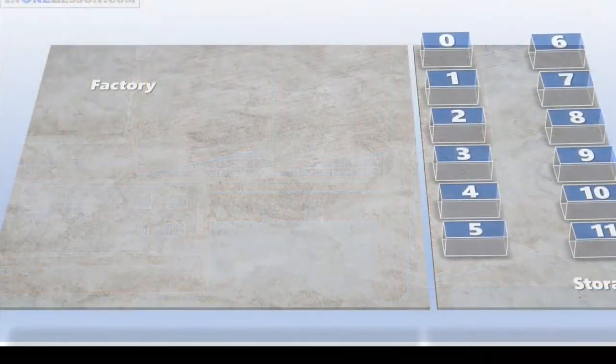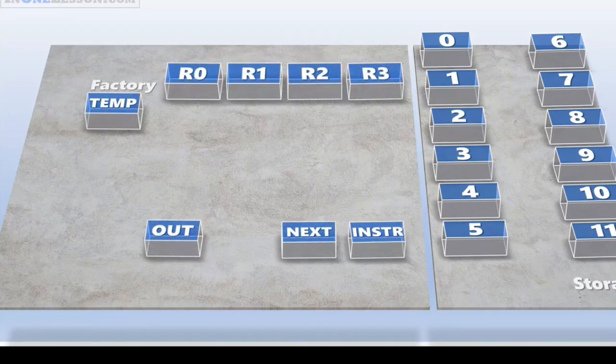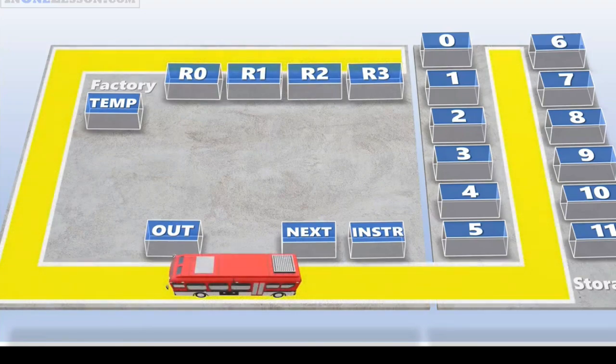The storage building has numbered containers, all the same size and all in order, starting at 0. The factory also has some containers, each used for a special purpose. A bus can travel between the buildings and move the contents of any container into any other.